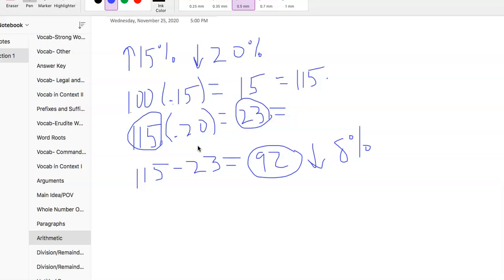If we had multiplied 100 times 0.20, this number would have been 20, and then down 5% would have been correct. But because this is a bigger number, we got down 8% rather than down 5%.